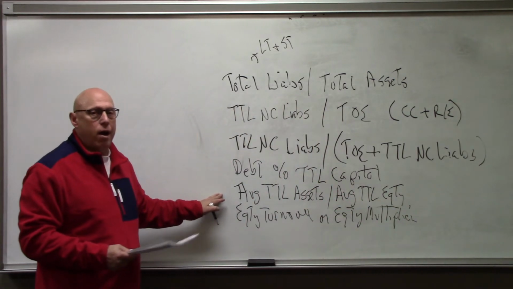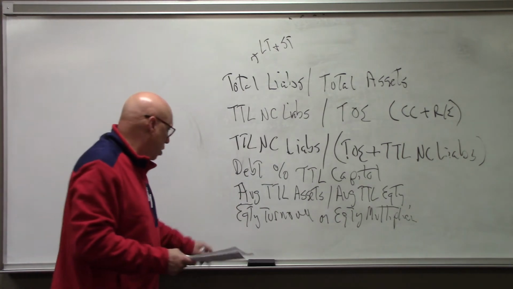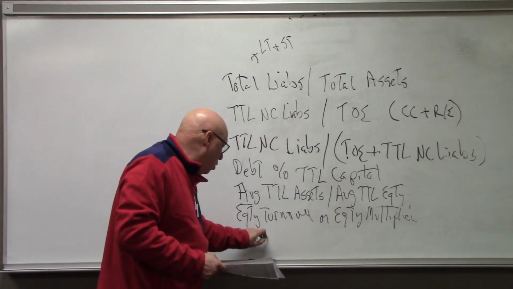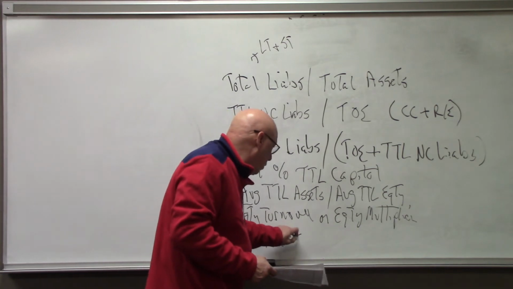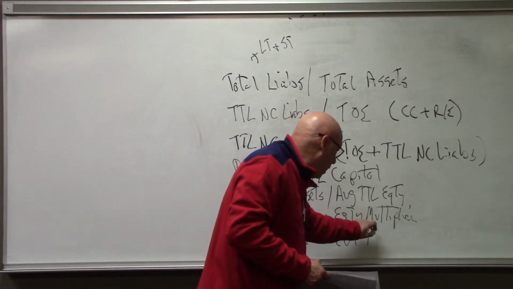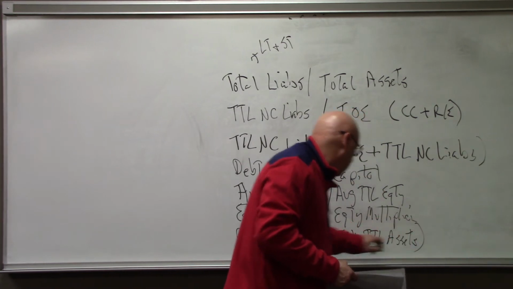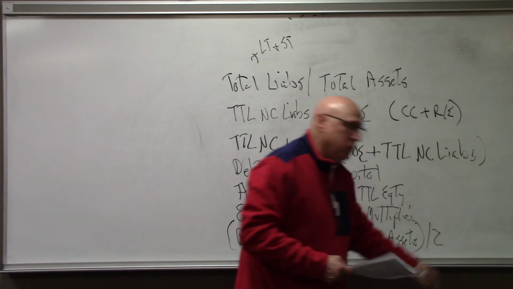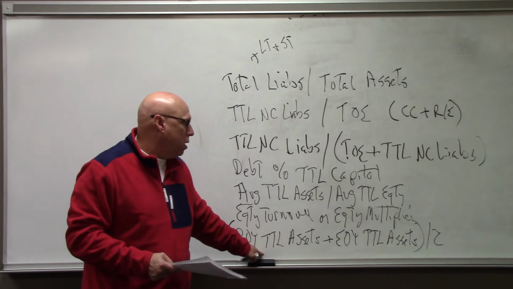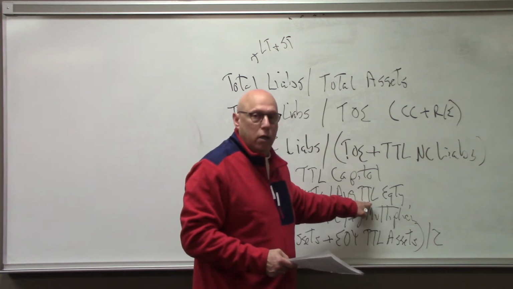Now, I want to make sure that you're clear on this. When I say average, I'm talking about beginning of the year total assets plus end of the year total assets, divided by 2. The average for the year. You do that for assets and you do that for equity.